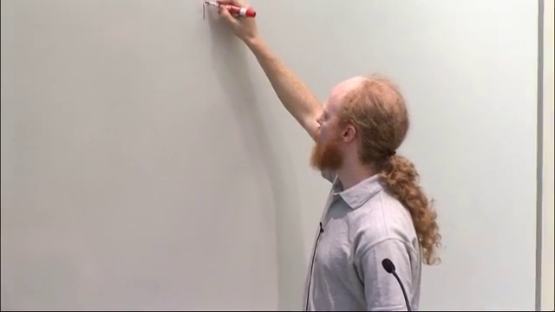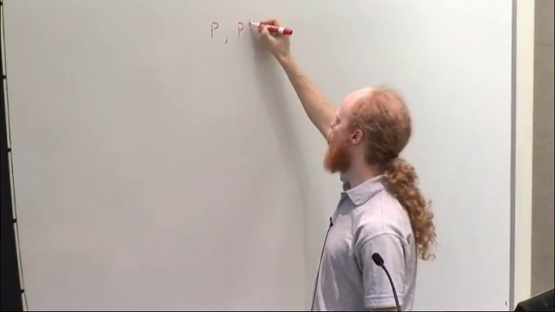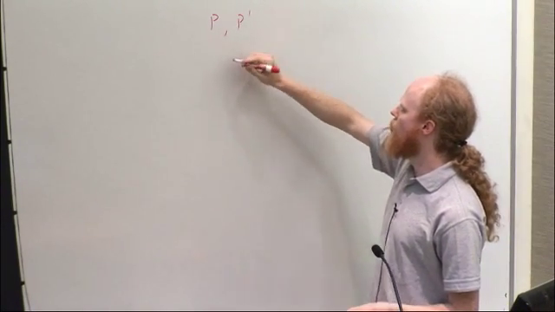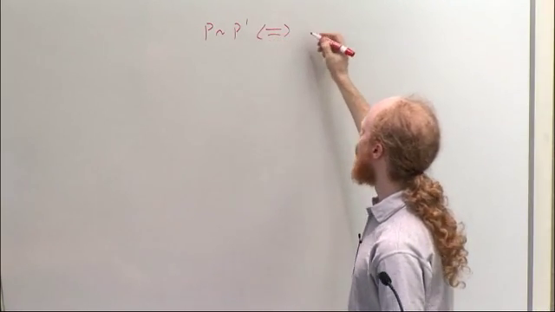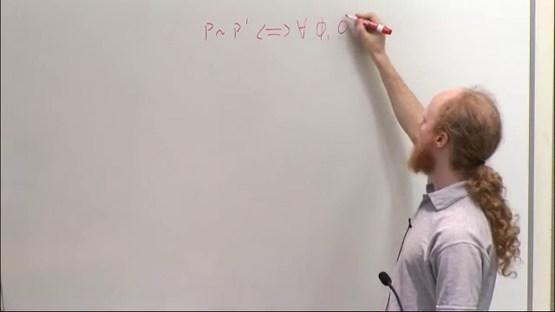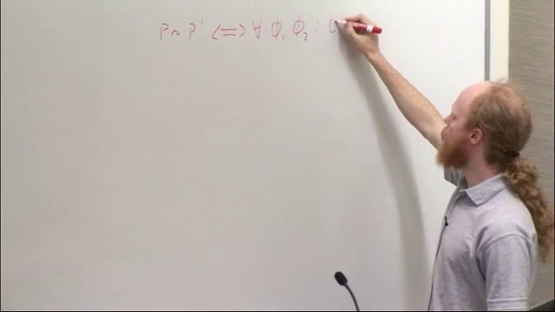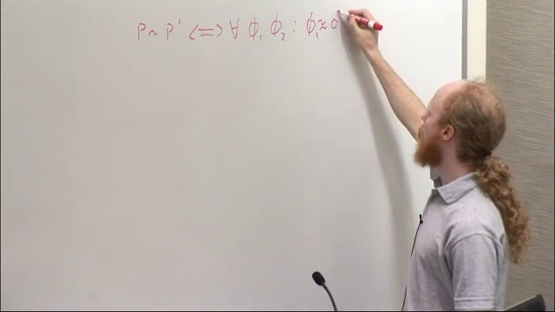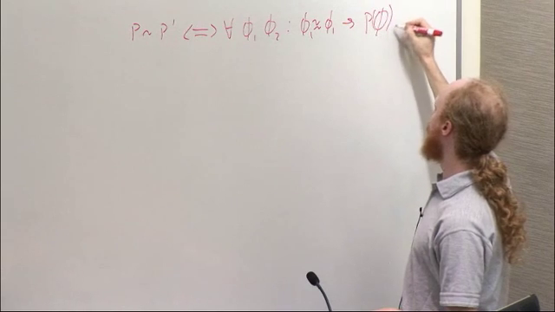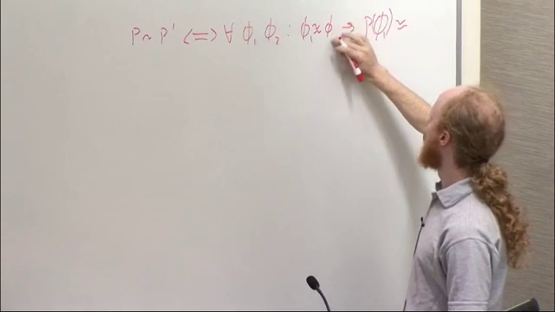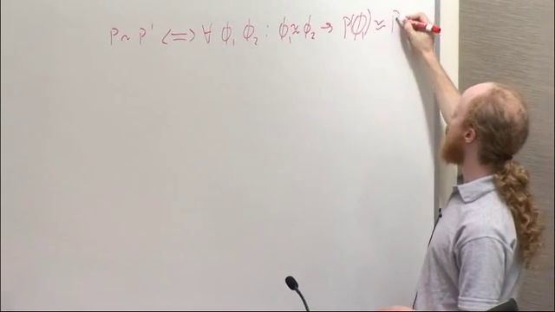So we say that if we have some program P and some program P prime, then they're equivalent if and only if for all initial states which are isomorphic, running P on one is isomorphic to running P prime on the other one.